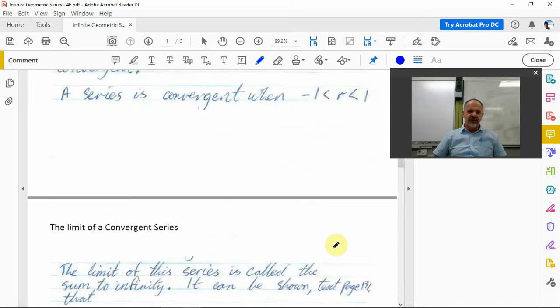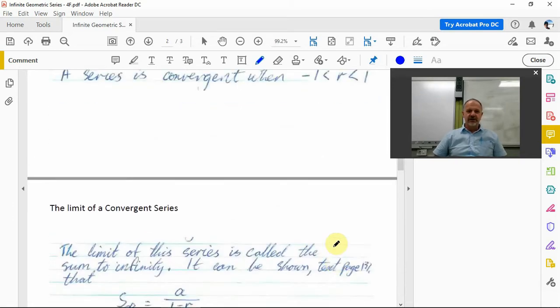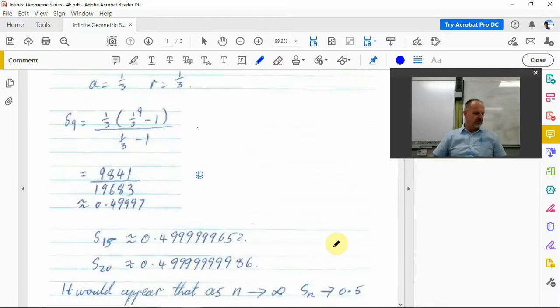So the limit of a convergent series, before I get to that, with this particular one here, we can actually write it in a funky mathematical way. The sum from n equals 1 to infinity of A, which is 1/3, times R, which is 1/3, to the n minus 1, and that becomes 0.5.